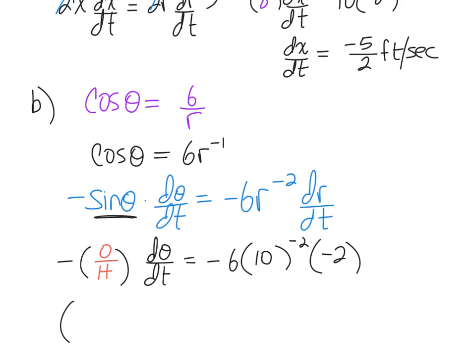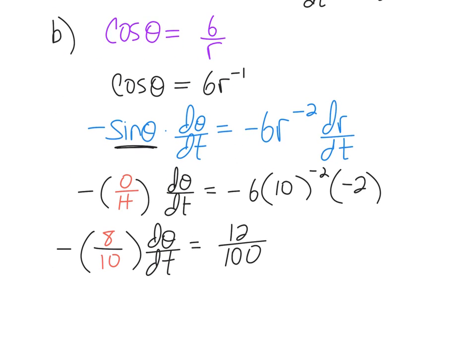Going back to the triangle, grab your opposite side, which we decided was 8. And the hypotenuse was 10. And I can clean the right-hand side up a little bit to 12 over 100. We could simplify it, but I'm about to multiply both sides by 10 anyway, so I didn't really see the point.